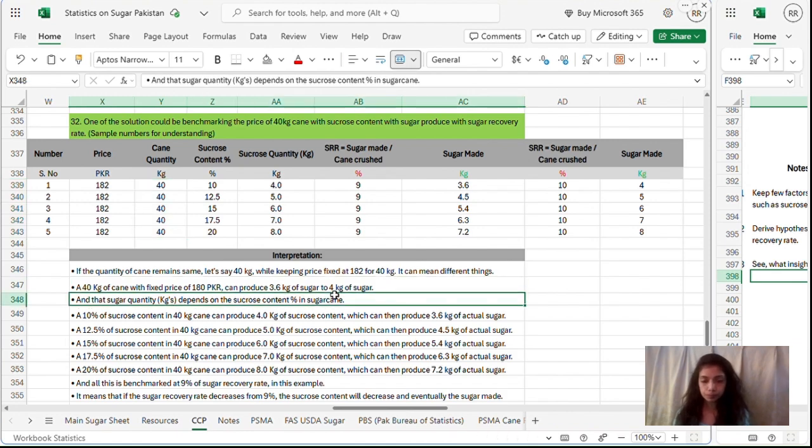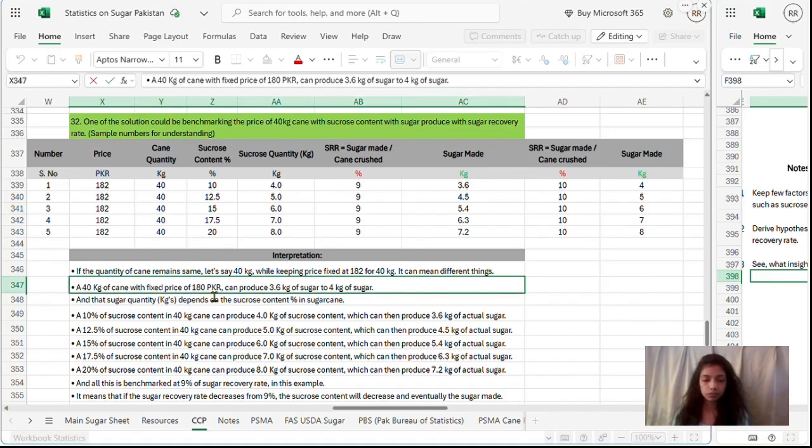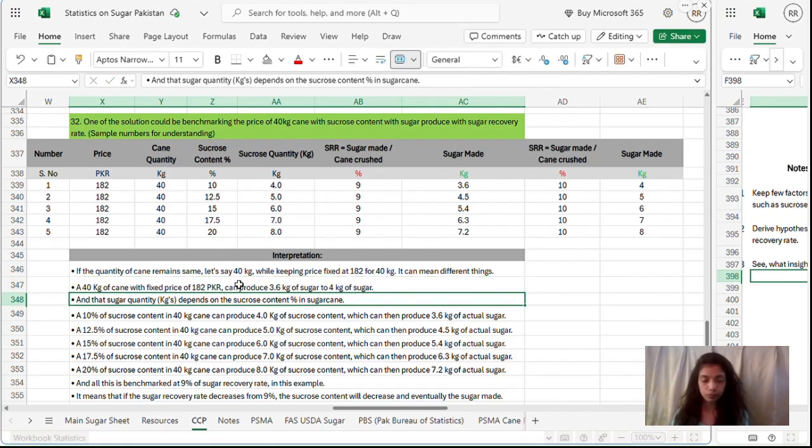How? Assuming the percentage here, it says 40 kg of cane with a fixed price of 180 can produce 3.6 kg of sugar to 4 kg of sugar. That means at 40 kg of cane, we have, assuming 180 or 182, let's say I change the price here from 180 to 182, right?